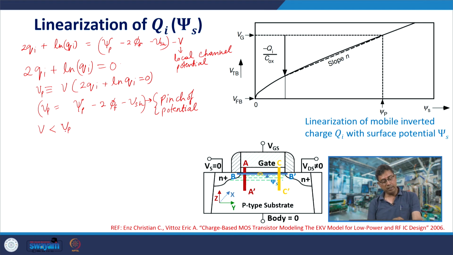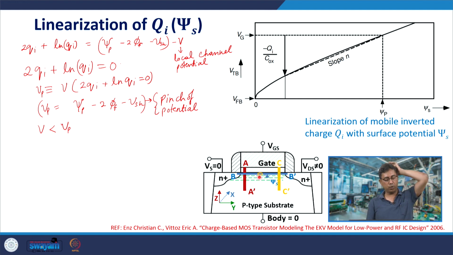Now, when the local channel potential is smaller than pinch off potential, let us visualize this. You are increasing the local channel potential from 0 to VDS here. So, it keeps on changing. Therefore, inversion charge keeps on reducing from the source edge to the drain edge. At some point you may have 2 Qi plus ln Qi, natural logarithm of Qi, to be 0, maybe here.